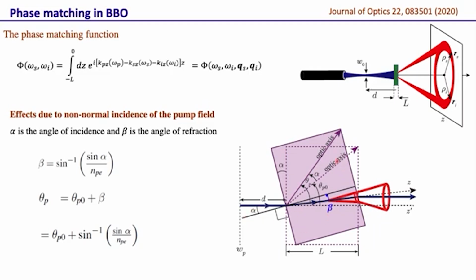As we rotate the crystal for an incoming pump, we introduce this alpha, and then we are changing theta p according to this relation. So this is actually one way of changing theta p. By just rotating the crystal, we can change theta p, and by changing theta p, we can get closer to the perfect phase matching or go away from it.